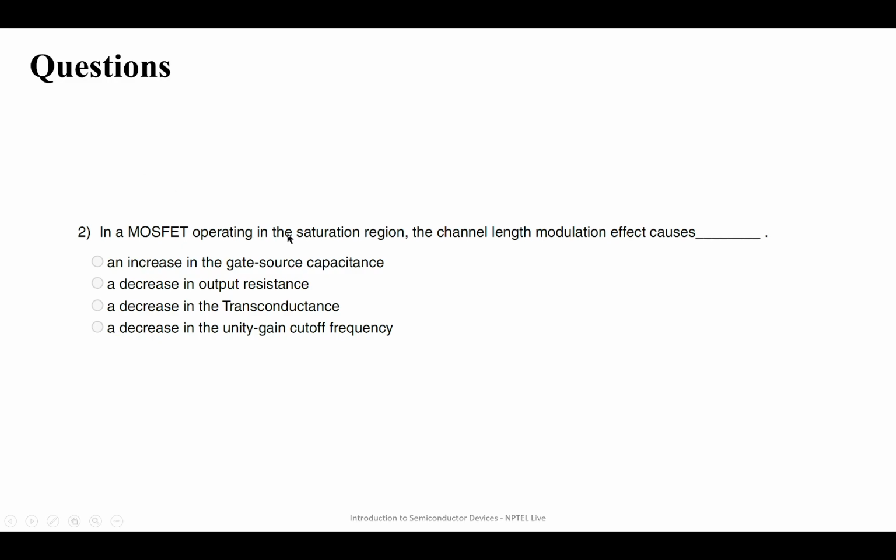In a MOSFET operating in the saturation region, the channel length modulation effect causes: an increase in the gate-source capacitance, a decrease in output resistance, a decrease in transconductance, or a decrease in the unity gain cutoff frequency.